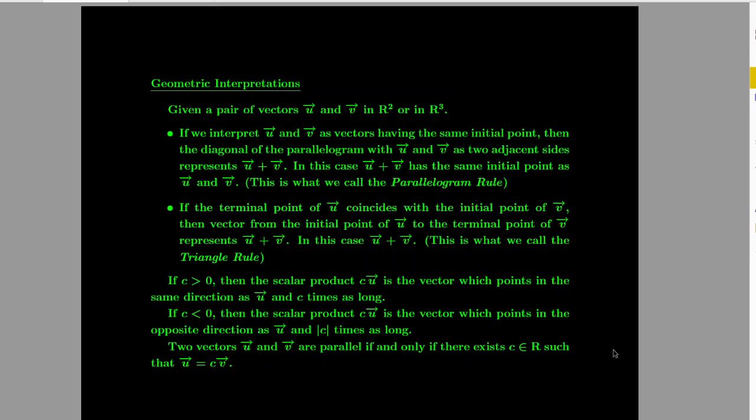Now I want you to look at the last paragraph. Later on, we're going to use that. Two vectors u and v are parallel. It means one vector is a scalar multiple of the other. You just remember the condition when two vectors are parallel. Two vectors are parallel if one vector is a scalar multiple of the other.